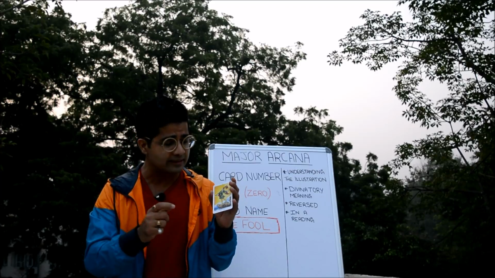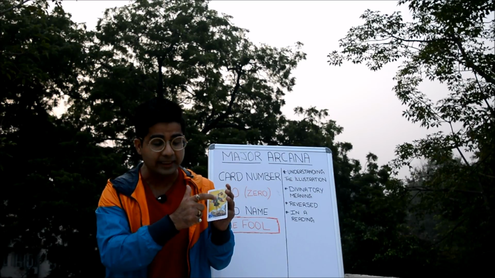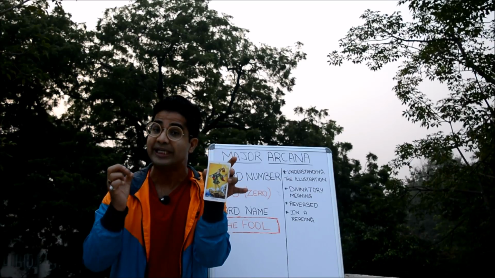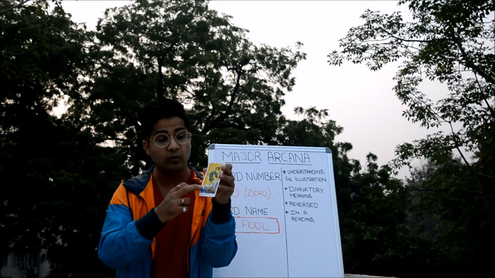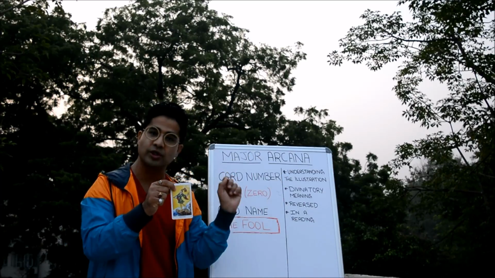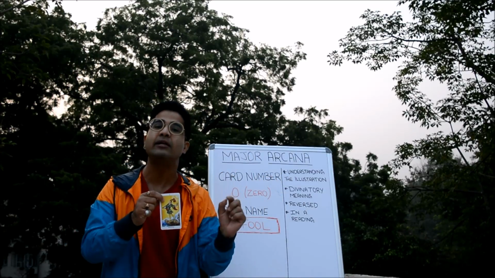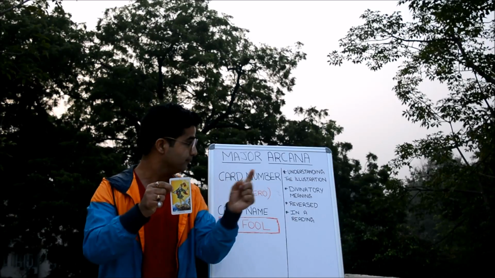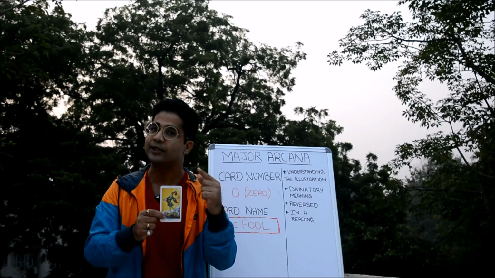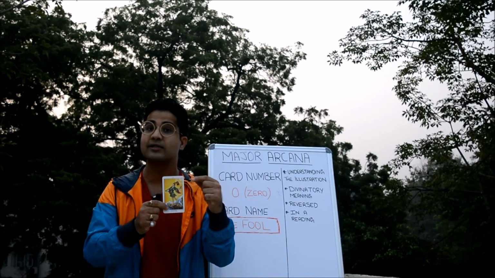That is the reason why each and every element drawn on this illustration carries a very deep and meaningful meaning. Then we will try to understand the divinatory meaning of this card. Then what remains the case when you find this card reversed in your reading, because even the reverse card has a meaning.